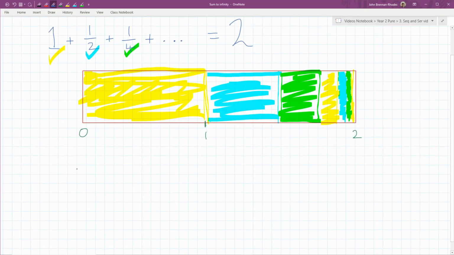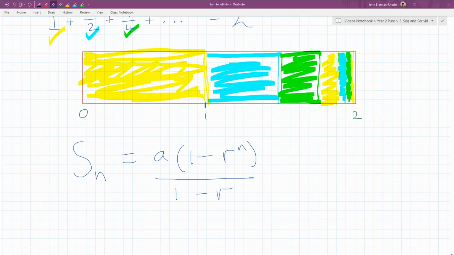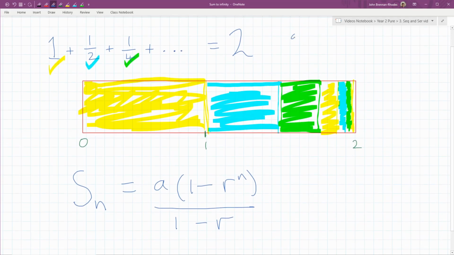And the reason for that is that if we look at the formula here, Sn is equal to A, open brackets, 1 minus r to the n, divided by 1 minus r. So for this sequence, we have that A is 1 and r is a half.